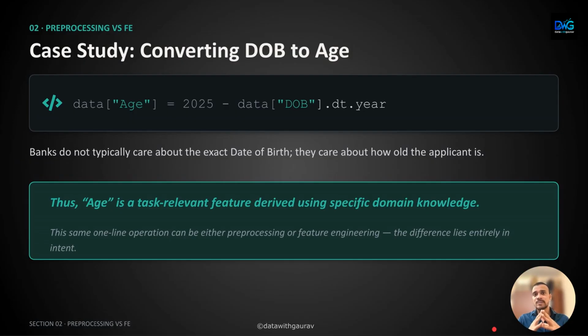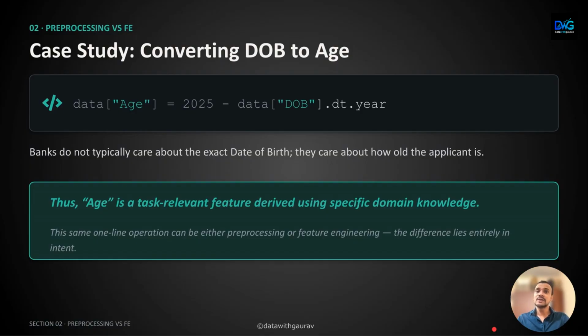So notice what's happening here. We are not fixing a data quality issue. The date of birth is already clean and perfectly valid. Instead, we are converting it into a new feature that carries more meaningful information for the prediction task, right? This transformation uses our understanding of the banking domain to create a feature that is more useful for the machine learning model.